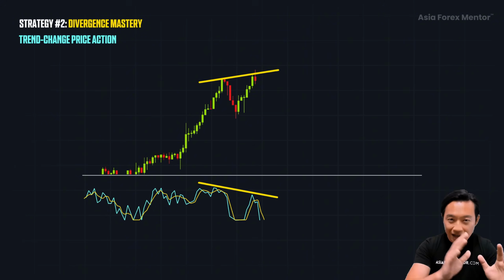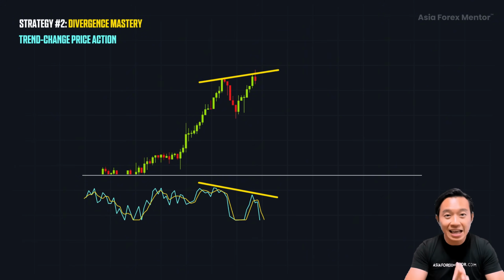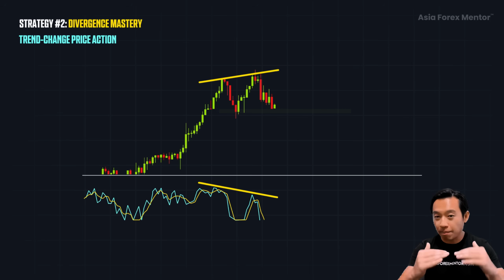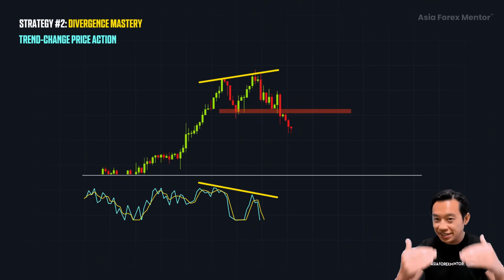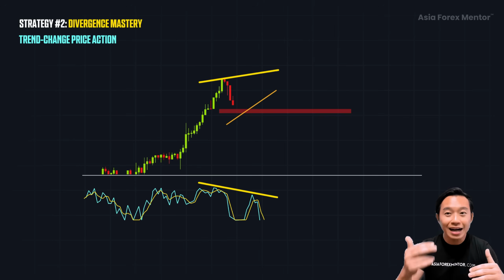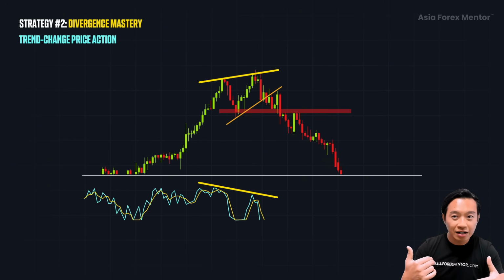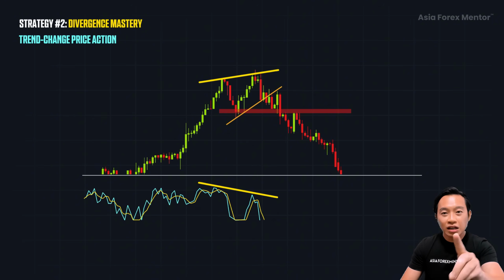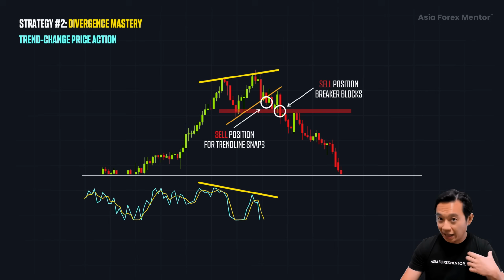That proof comes when price actually breaks structure, like turning support into resistance, or a trend line snapping. So when that happens, the divergence now becomes real because it comes with added confirmation. That's where you get a valid signal to enter. It's no longer a guess anymore.